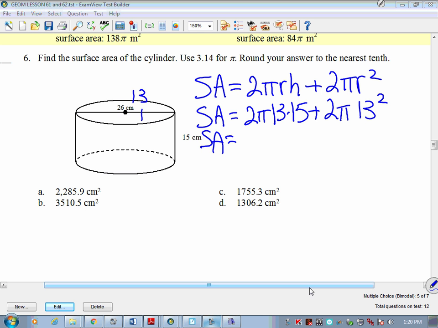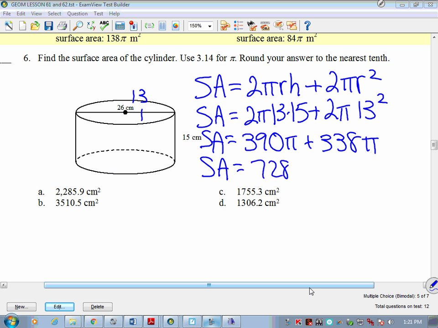So we've got 2 times 13 times 15. Well, 2 times 13 is 26, and 26 times 15 is 390 pi. 13 squared is 169. 169 times 2 is 338 pi. So we're getting 390 pi plus 338 pi, which is 728 pi.